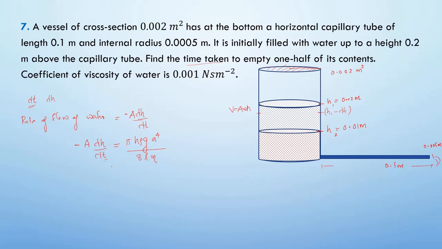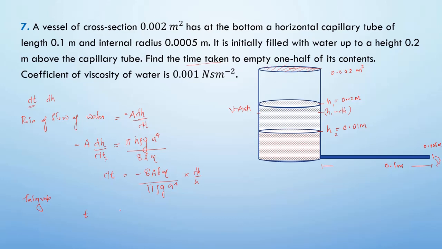If we need to find t, we need to integrate. So let's write an equation for t first, that is dt is equal to minus 8 A L eta divided by pi rho g r to the power 4 into dh by h. On integrating, dt becomes t.